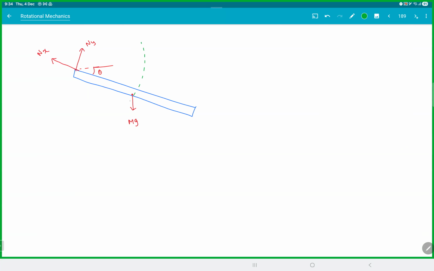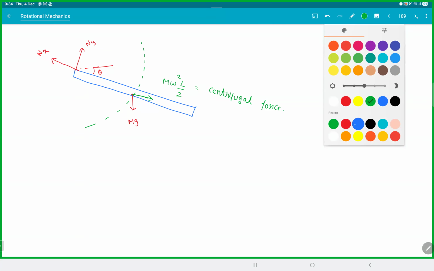And you are going in a circle. Since you are going in a circle, there will be a centrifugal force m omega square L by 2. Any other force? That's it. These are the three things there, and then you can divide this mg also into components.